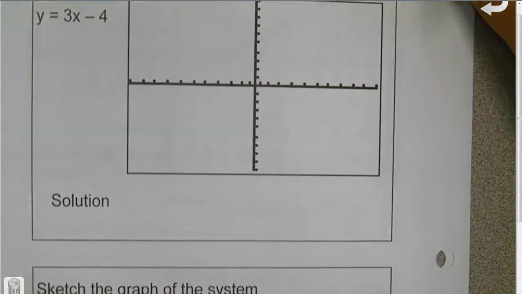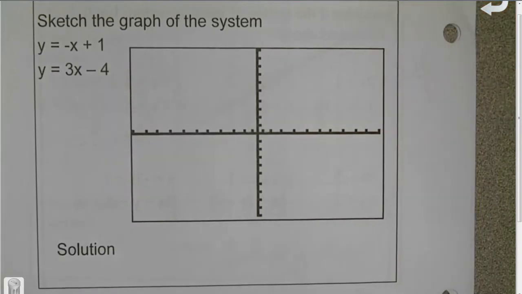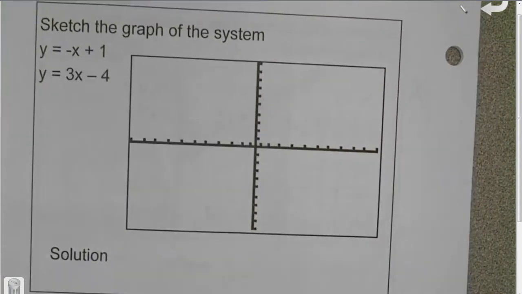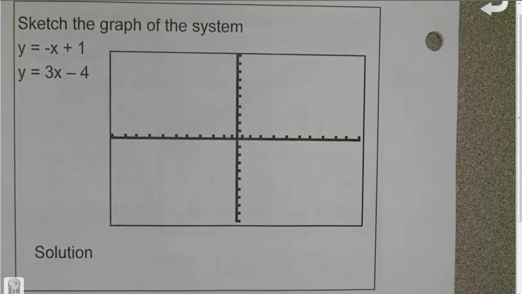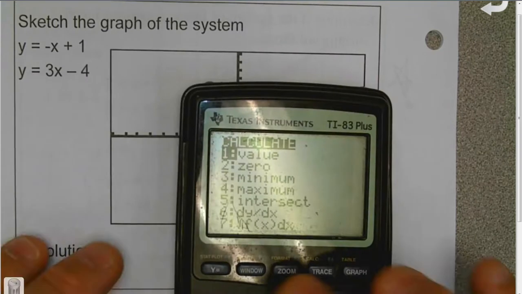So let's go ahead and do one of these together, and then this is where I'm going to stop this video, because I want to just focus on equalities, then I'm going to do a separate video for inequalities. Okay, so we're just going to do one of these together. I'm going to show you one on the calculator, and then we'll do the other one in class. So I have y equals.